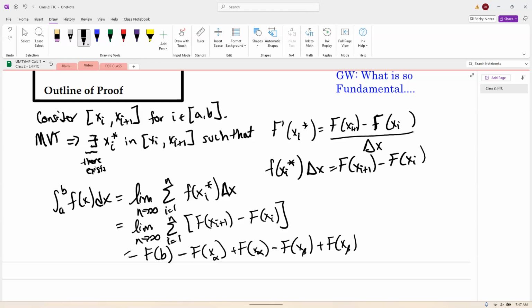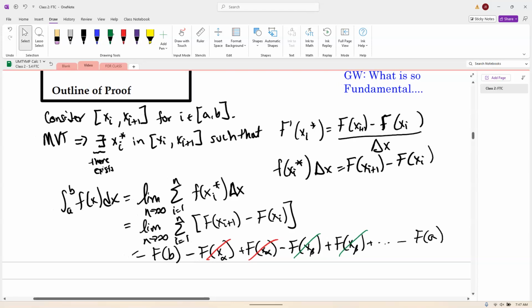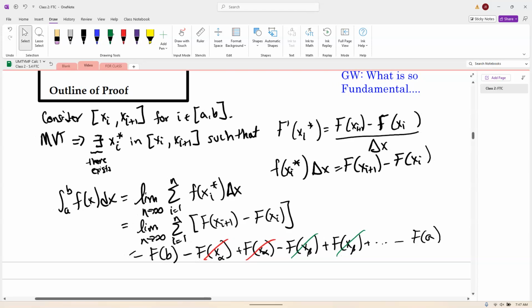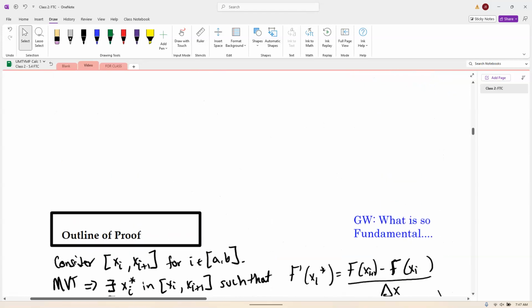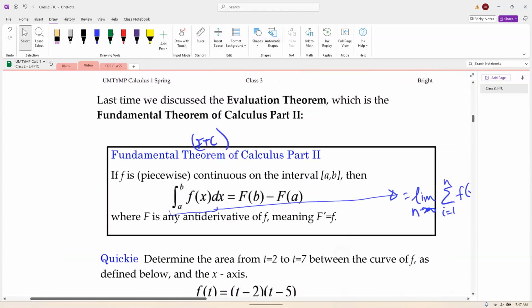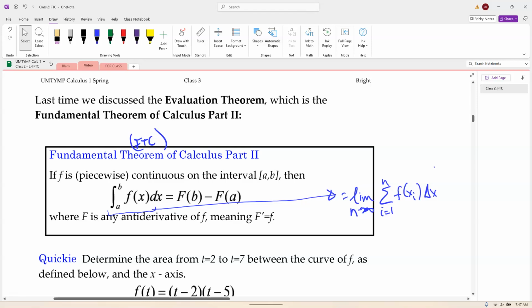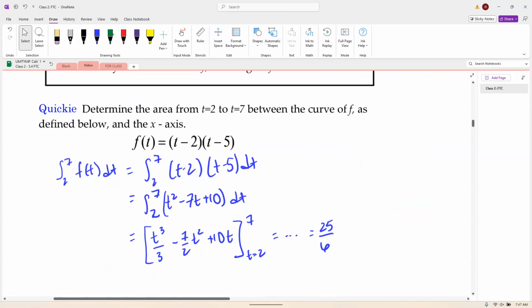It's kind of hard to write out, but these are all the endpoints of the intervals that we've divided it into, and so on and so forth, and then minus eventually F of a. The point is, all of these would cancel out, and I'd be left with F of b minus F of a. All right, so that's the outline of the proof. Again, skipping over some technicalities, but that goes to show that yes, the evaluation theorem is true. We skipped over the proof, and now we can call the evaluation theorem the fundamental theorem of calculus and use it just like we use the evaluation theorem.